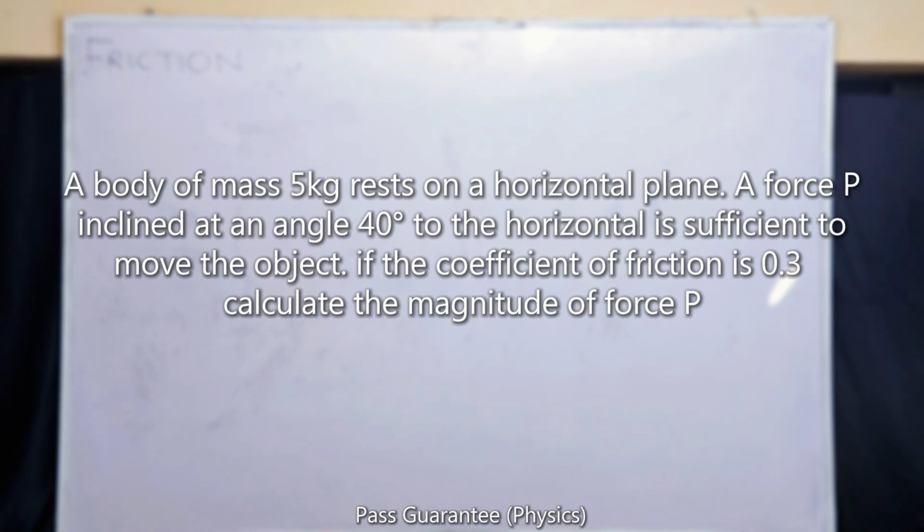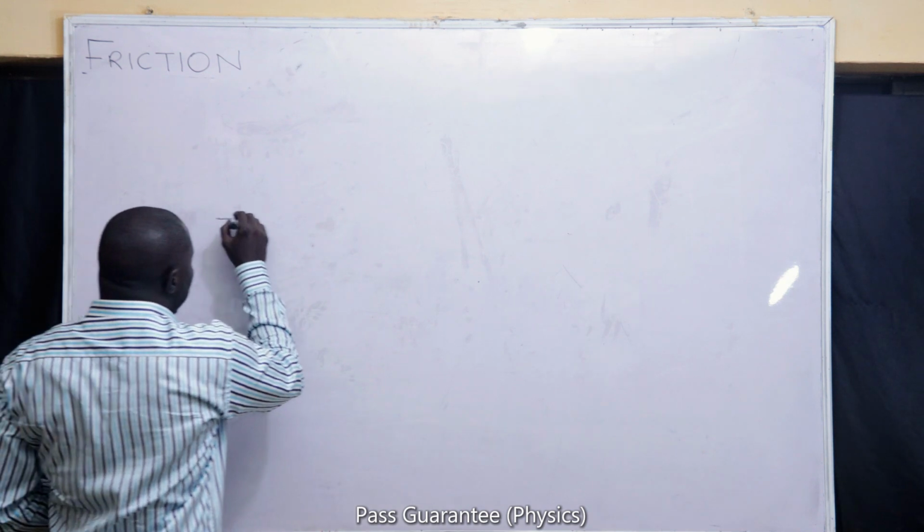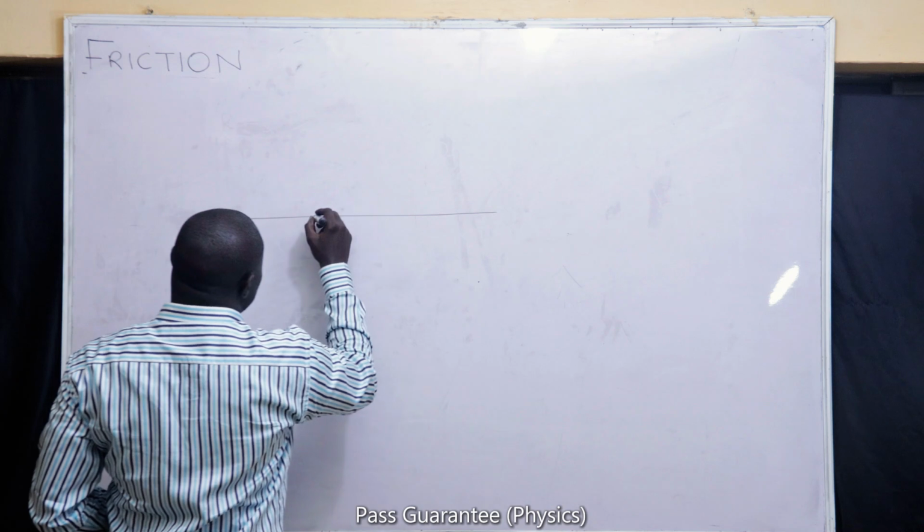If the coefficient of friction is 0.3, calculate the magnitude of the force P. A body of mass 5 kg rests on a horizontal plane. This is a question on a horizontal plane, but we are going to see why I've decided to solve it.